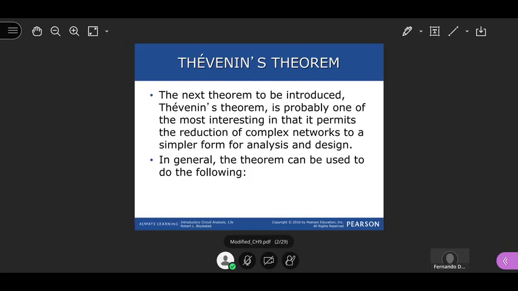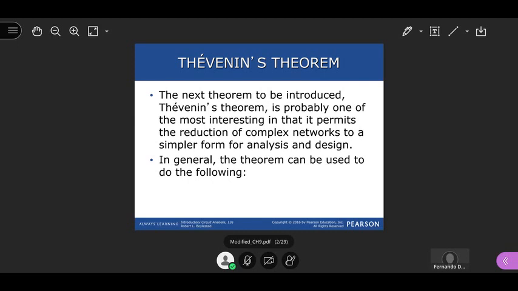Okay. So what we're going to do now is we're going to introduce Thevenin's theorem, right? Which is a very powerful theorem that you use in different scenarios.